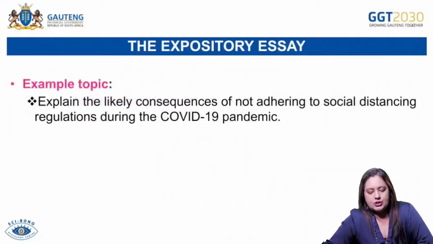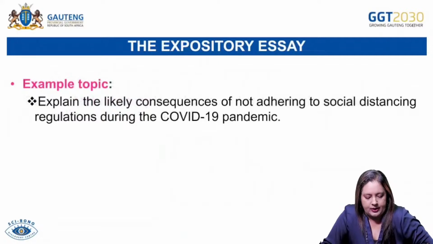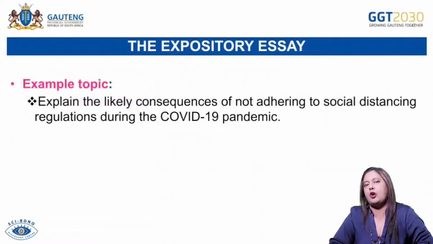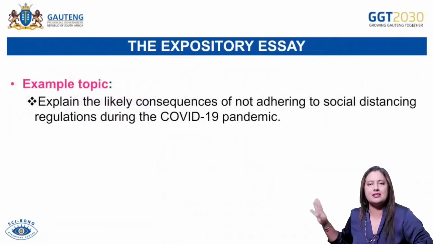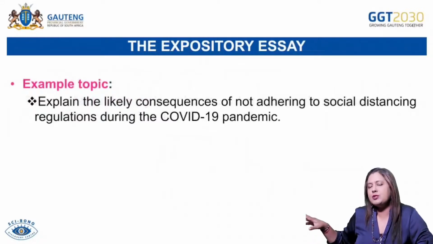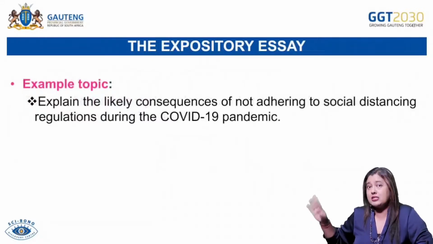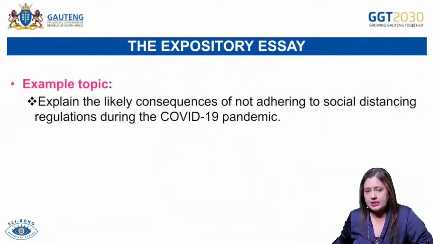Now let's look at a topic, for example, like this one. Explain the likely consequences of not adhering to social distancing regulations during the COVID-19 pandemic. Now let's not even talk COVID-19, because remember the spin-off from COVID-19 was all these other diseases that I've come across, which is similar to a flu, but it's sometimes worse than the normal flu that we have experienced, right?